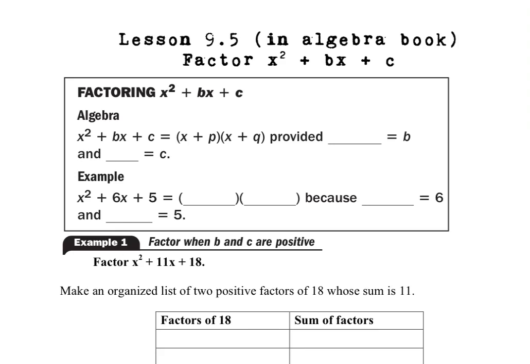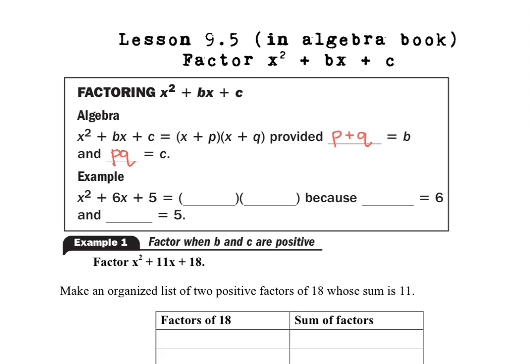We can factor that into X plus P times X plus Q, provided that P plus Q equals B, which is that middle term, and P times Q equals C, the last term. Okay, and that's what we just talked about. If you go back to that last example, we talked about how 3 plus 4 was 7, which was the middle term, and then 3 times 4 was 12, which was the last term.